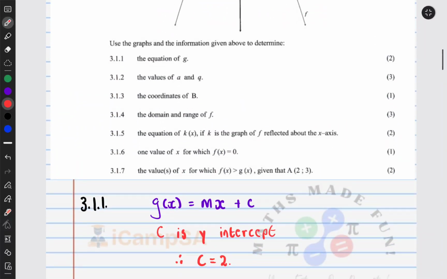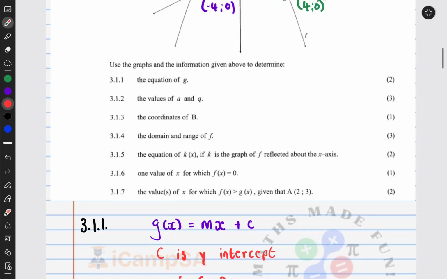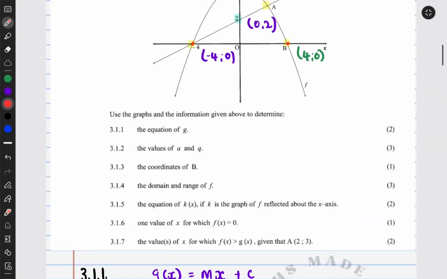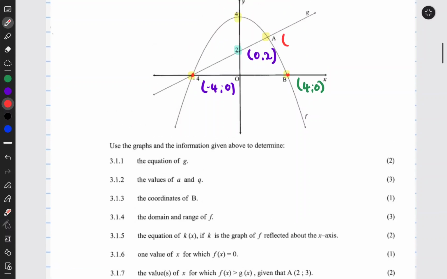Okay, and then next, determine the values of x for which f at x is greater than g at x, given that the coordinates of A are 2 and 3.